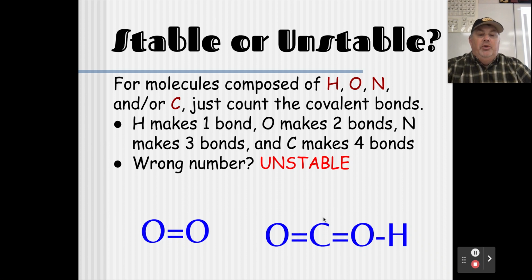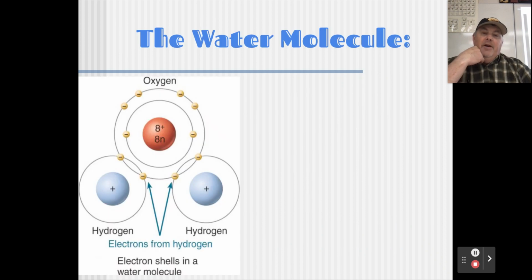This molecule to the right is unstable. In other words, it would never exist because this hydrogen could bond with one, but oxygen can only bond with two. So this one would never exist. The one on the left, the oxygen, is called oxygen gas, and that's a stable molecule that would exist.